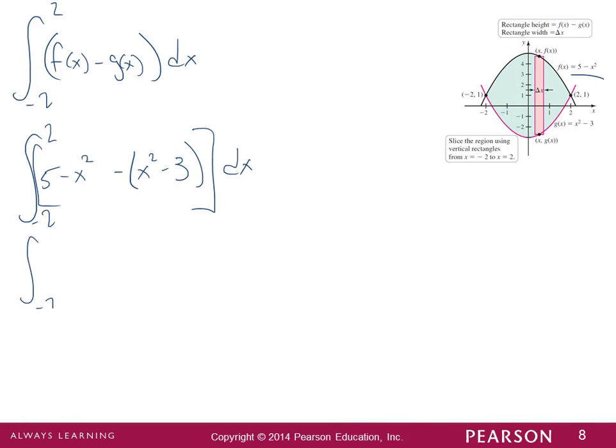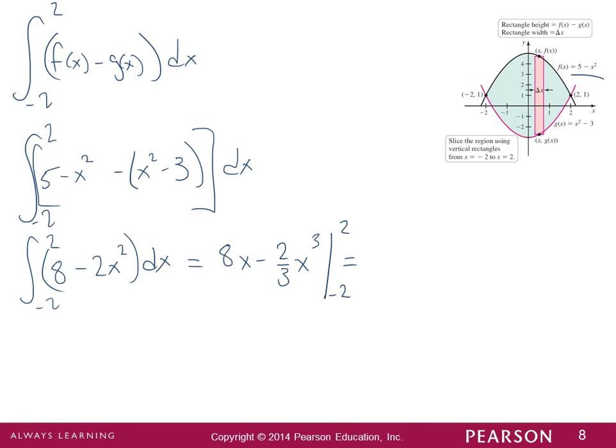This is going to be the integral from -2 to 2. We get 5 minus a -3, so that's going to give us an 8, and then negative x squared minus x squared, that's going to be minus 2x squared. And so when we integrate this, we can find the antiderivative to be 8x minus 2/3 x cubed, and we want to evaluate that from -2 to 2.